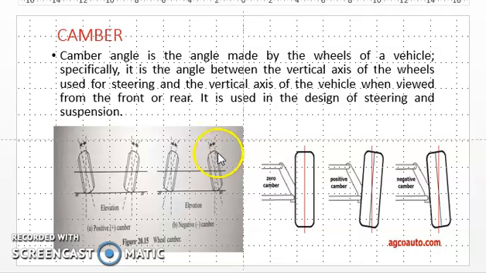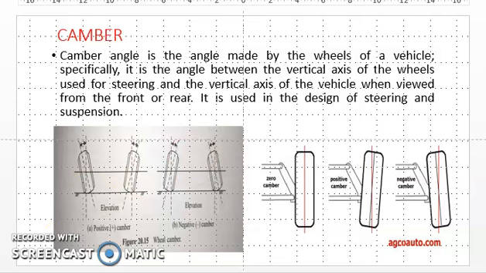If the camber is inward at the top, then it is called negative camber. This camber is also called wheel rake. Now we will see the effect of positive camber and negative camber.